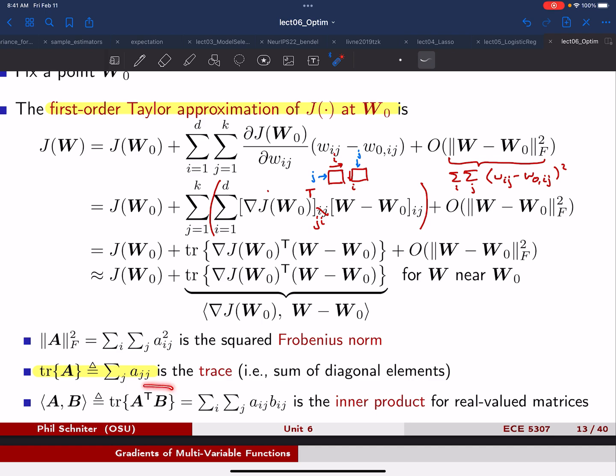Well, it's the trace of the first transposed times the second. Another insightful way of looking at it is that if you write that out, it's like you're doing a pointwise multiply of the first times the second, and then summing over all the coordinates. So this is the inner product for real valued matrices.